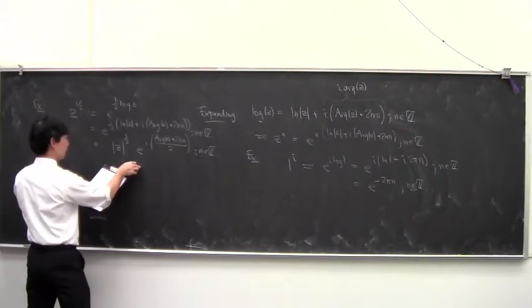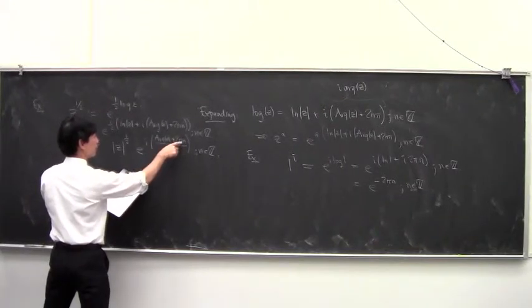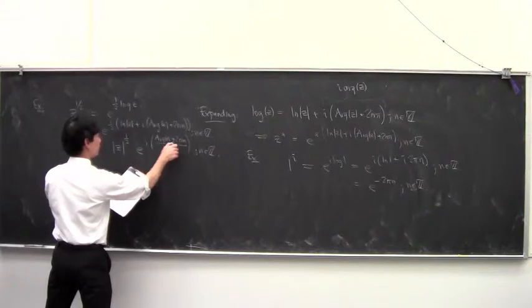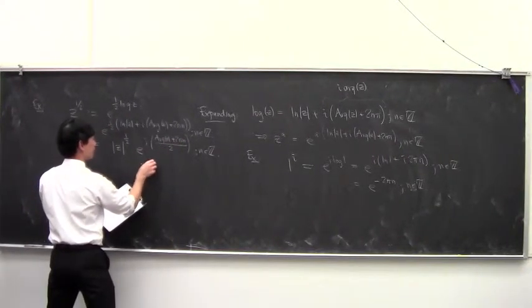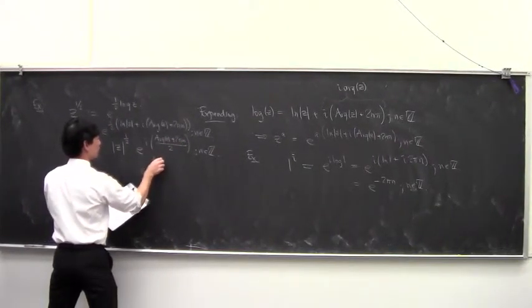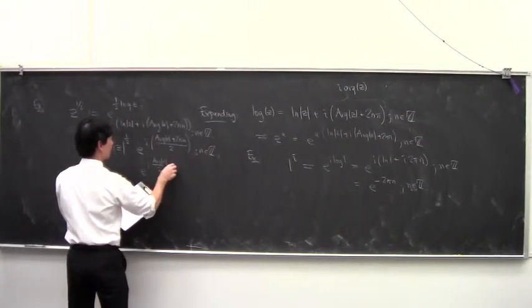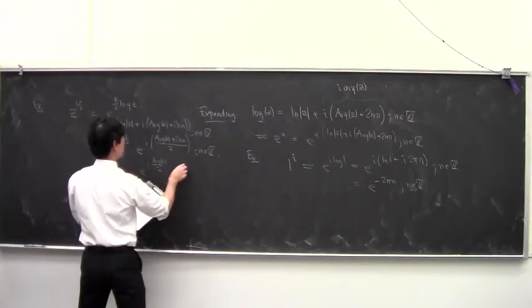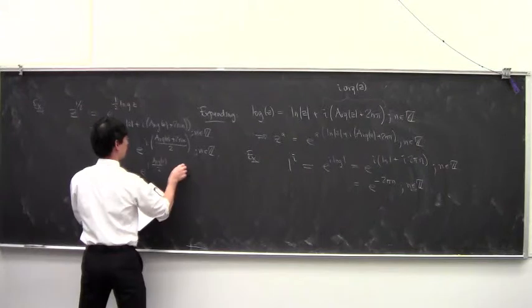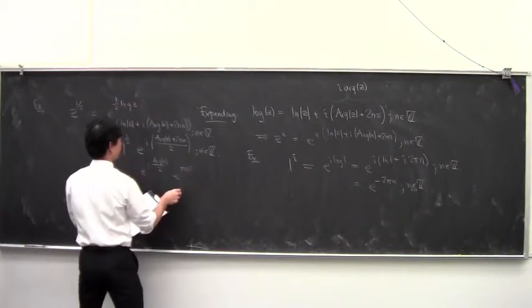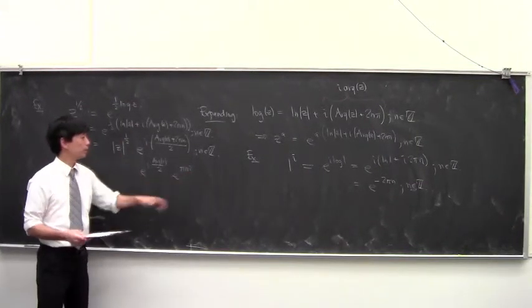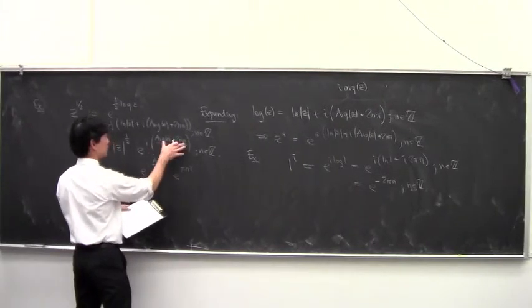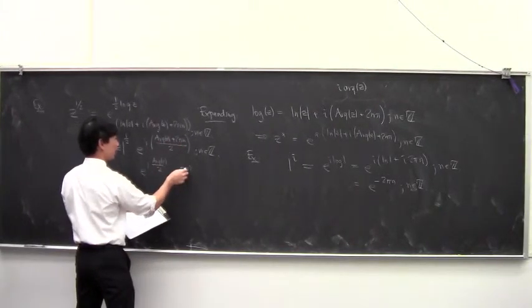And so, remembering this, notice what you get here: e to the i arg z over 2, times e to the pi n i. Okay. And if I split this thing up here, you get e to the pi n i.